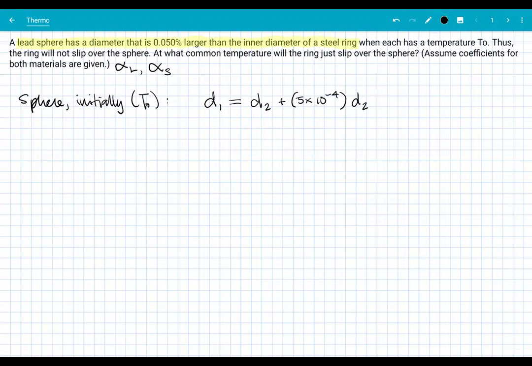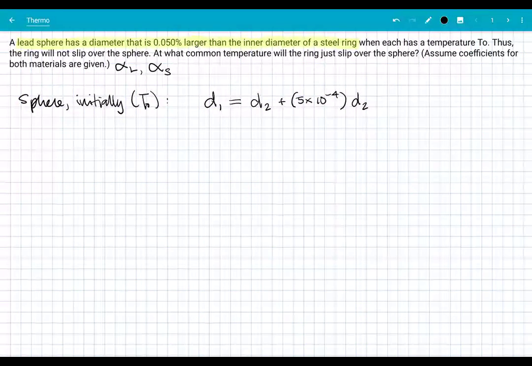Okay. So the diameter D1 is the diameter of the sphere, right? And D2 is the diameter of the ring. Okay. Initially at T naught.